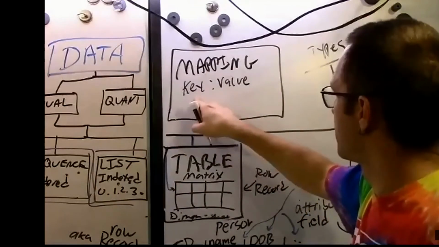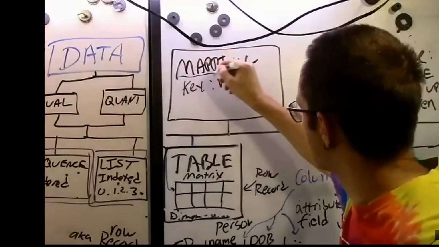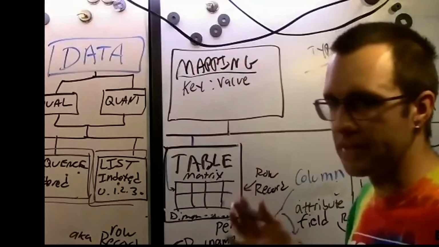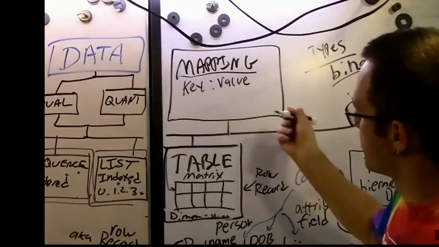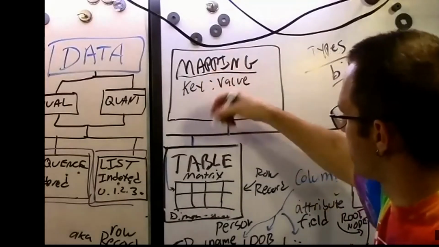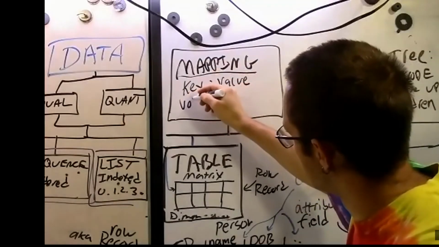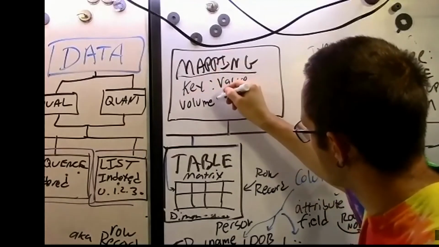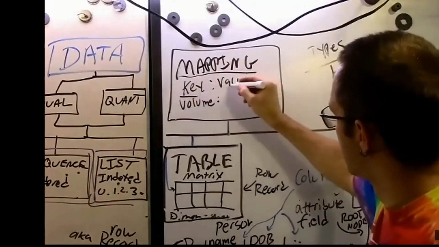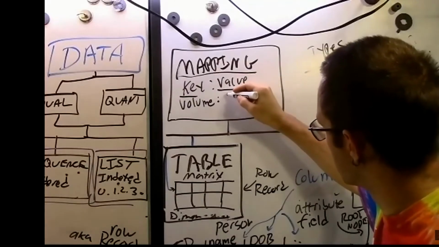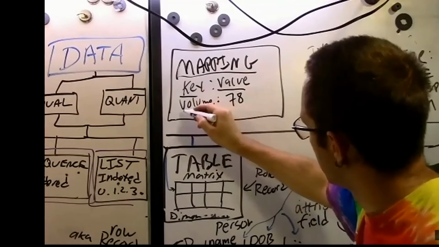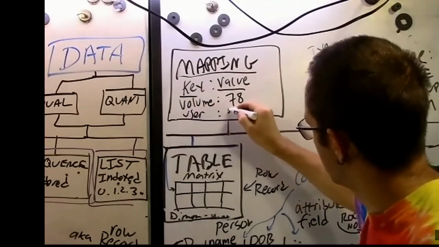So a common way of thinking about mappings would be settings in a particular program. So a key would specify what the setting is. So maybe in Zoom, volume level would be the key, and then the value would be some percentage, 78. User, my name is E. Darsow.